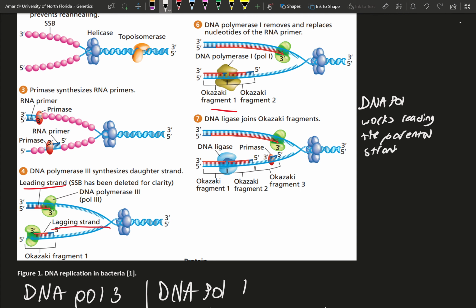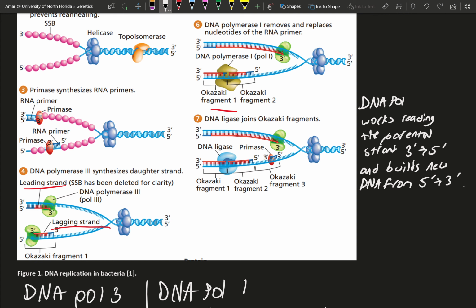It reads the parental strand from 3 to 5', and it builds new DNA from 5 to 3. So that's the first thing that you should include.